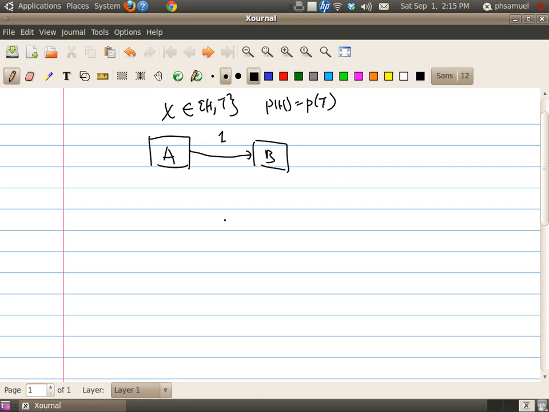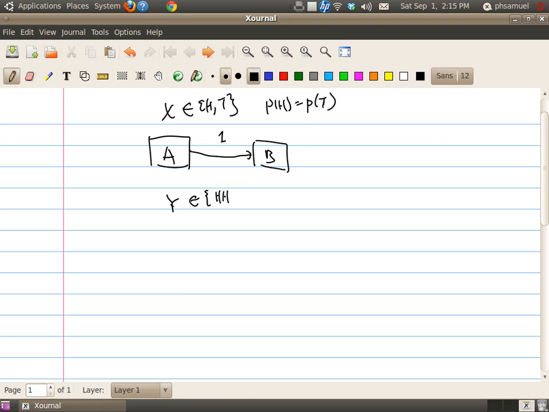Let's look at another example. Let's say I have another random variable, Y, and Y is the outcome of flipping 2 coins. Let's start with this example first. Then there will be 4 possible outcomes, right?